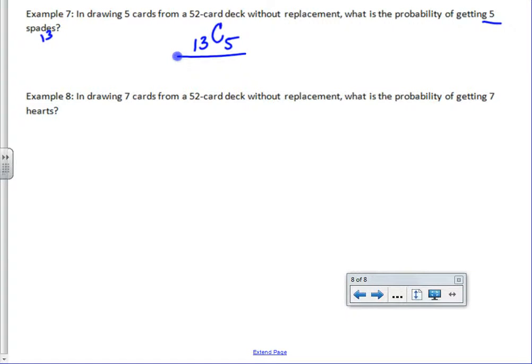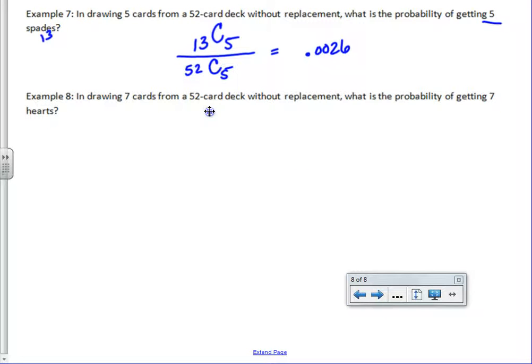That's my winners, my numerator, but in my denominator, I can select out of the whole deck. So out of 52 cards, I'm just going to choose 5 of them. When I type that on my calculator, I get 0.0026. Let's do decimals on these because these come out pretty gross.